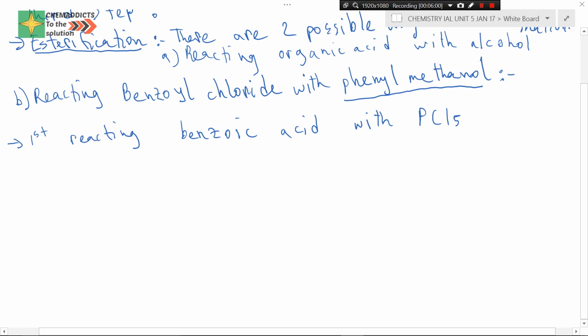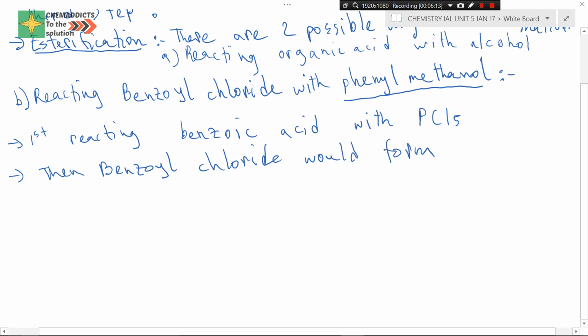Then benzoyl chloride would form. First reacting benzoic acid with PCl5, benzoyl chloride would form from this reaction.